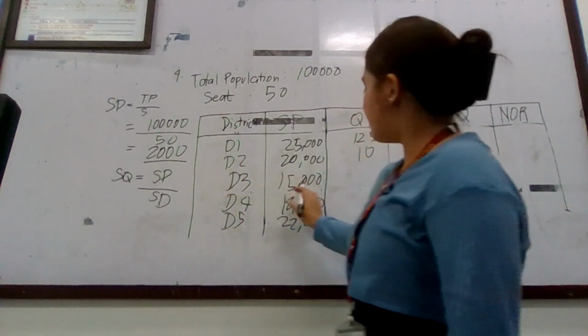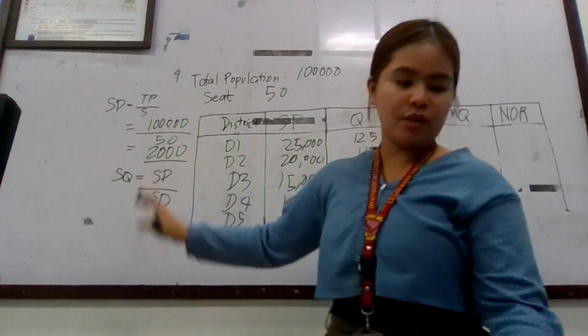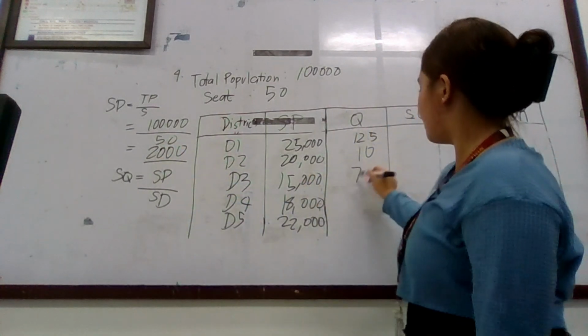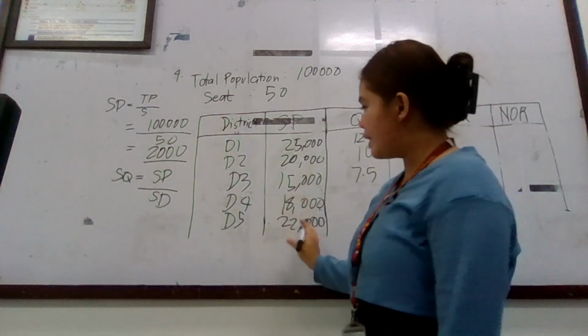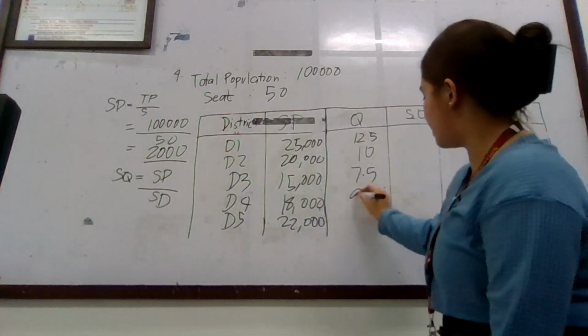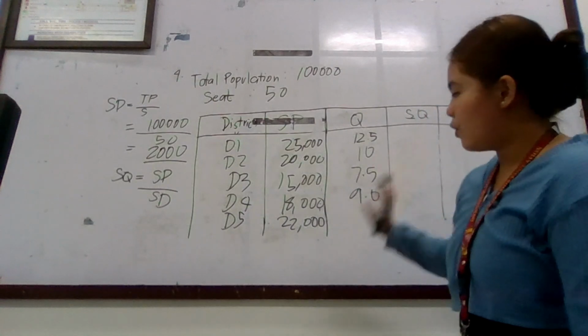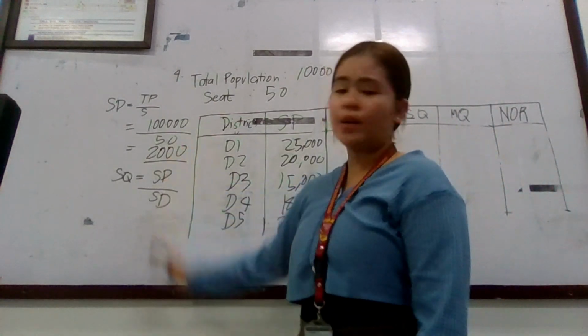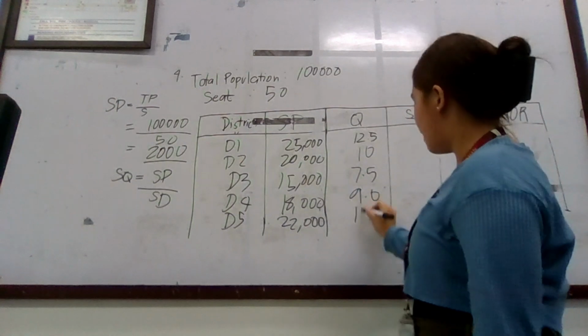Next, 15,000 divided by 2,000 will give us 7.5. 18,000 divided by 2,000 will give us 9.0. Lastly, 22,000 divided by 2,000 will give us 11.